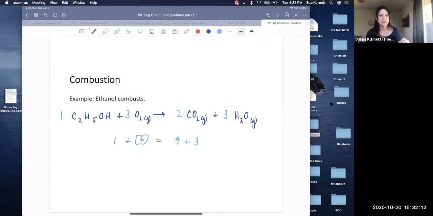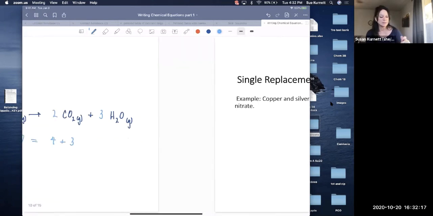And our products are carbon dioxide and water. Start with the fuel, do oxygen last.